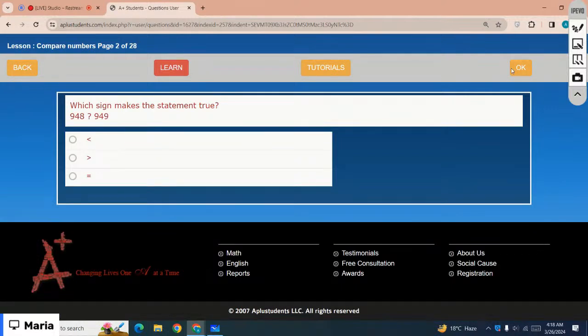Which sign makes the statement true? 948 and 949, which is the correct option?